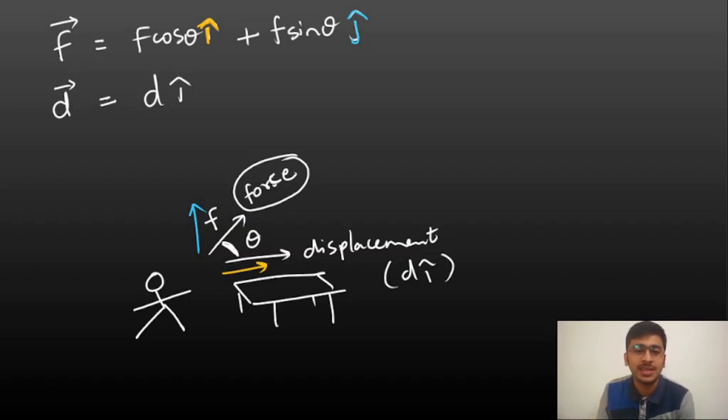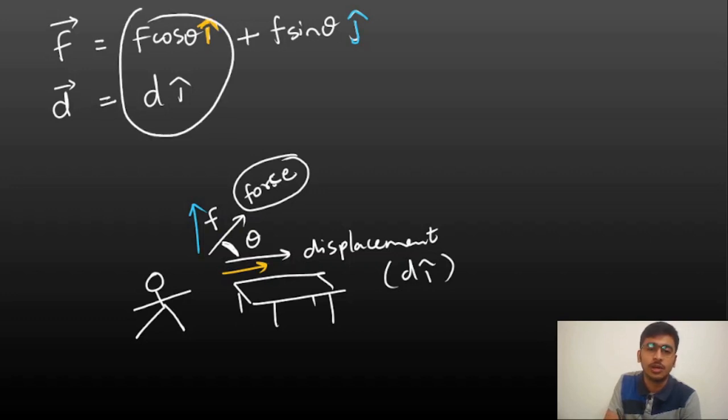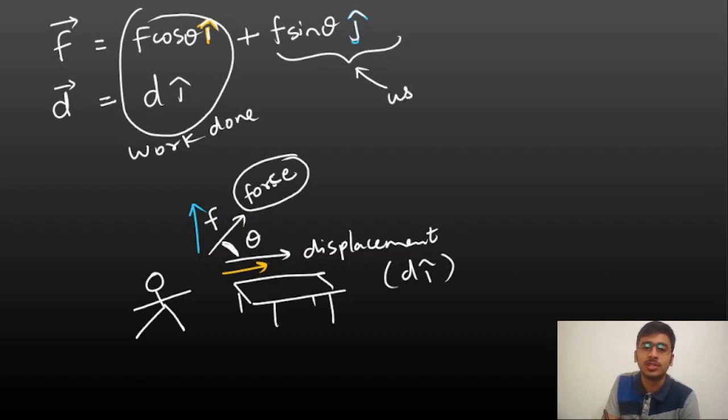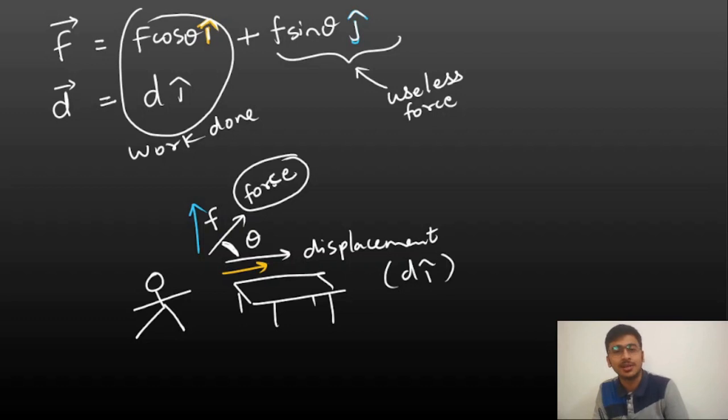So in this case, the product of force and displacement gives us work. But what was that work in this case? Work was only done by the I cap direction component. Only this did work. This other force was some extra force. This is useless effort, I'll say. It is useless force because it did not help me whatsoever to displace that table.